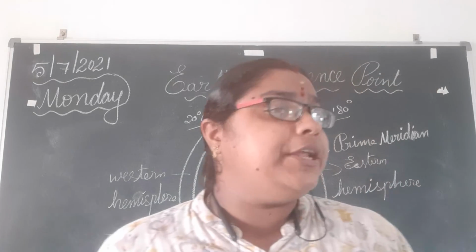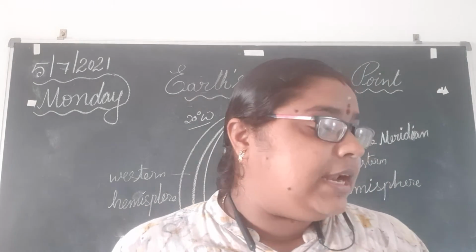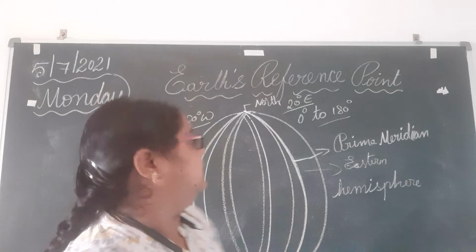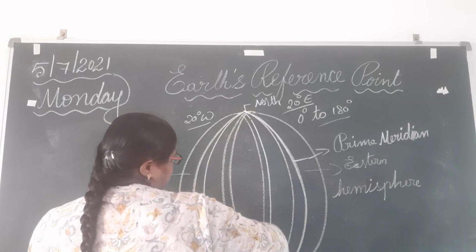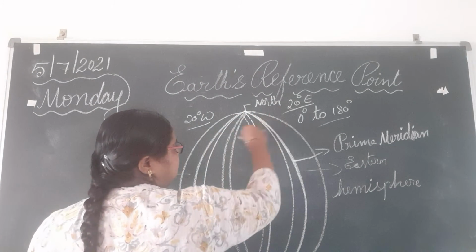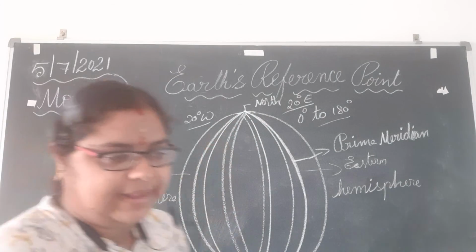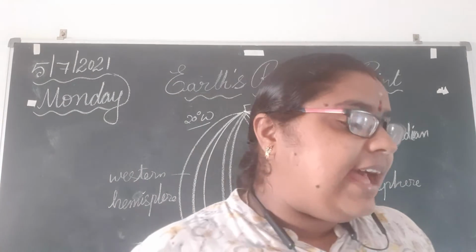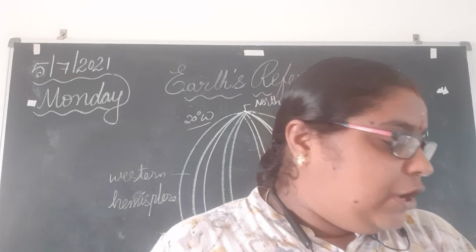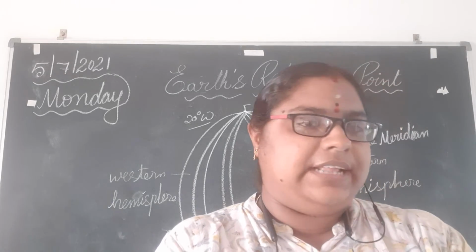Now, longitudes do not run parallel to each other. They are not parallel, which means they don't have the same distance. Since Earth is spherical, longitudes are closer together at the poles.